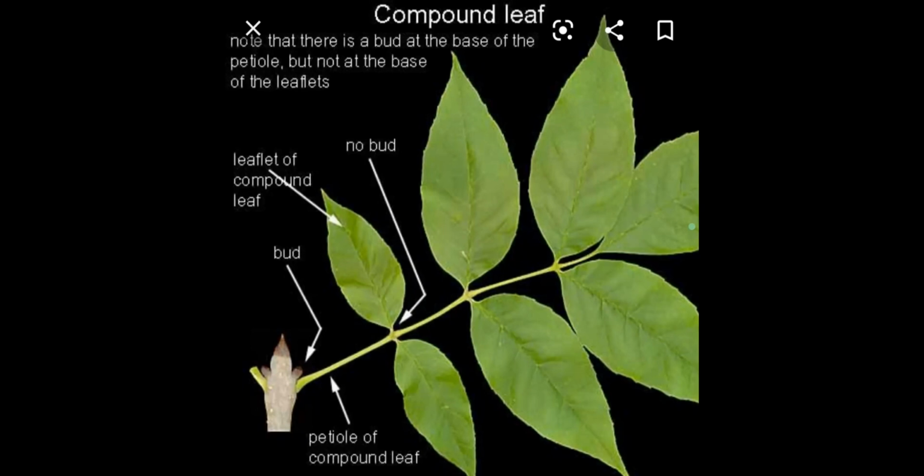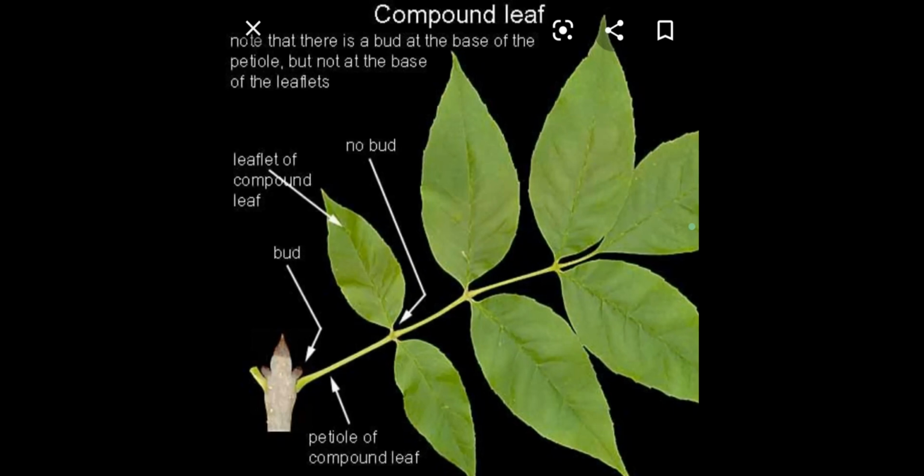One. Next, if a compound leaf is present, a single compound leaf is present, then how many axillary buds are present? Correct. For both, one.